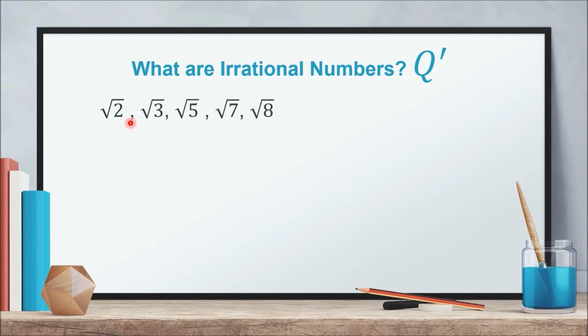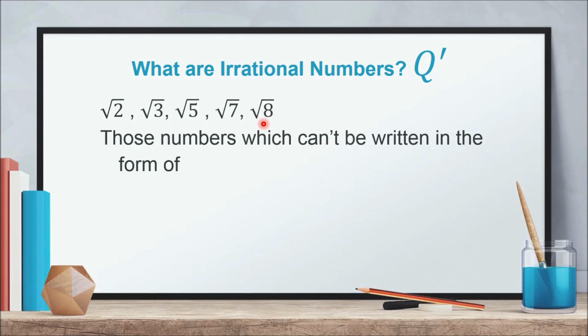Numbers such as square root of 2, square root of 3, square root of 5, square root of 7, square root of 8 cannot be written in the form of p/q. So these numbers are called irrational numbers. You must know that irrational numbers are basically non-terminating and non-repeating numbers.